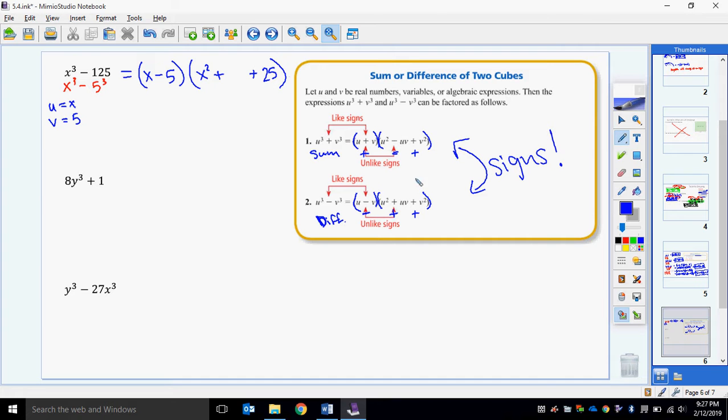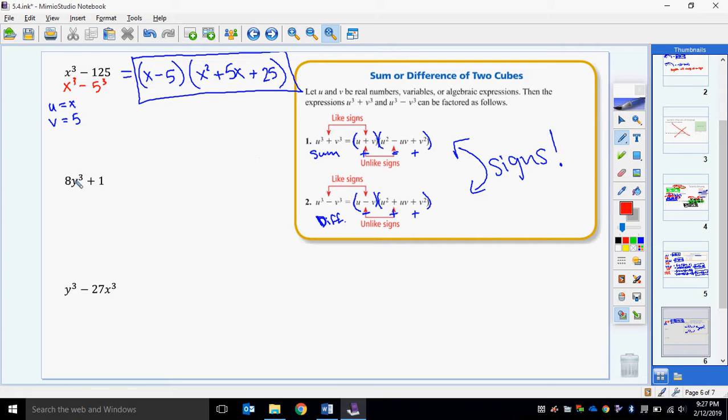And in the middle, I need to take the u value times the v value. So u is x times the v is 5. X times 5 can be written as 5x. And that's the difference of cubes in action. Okay, so that's its factored form. We factored this into this.